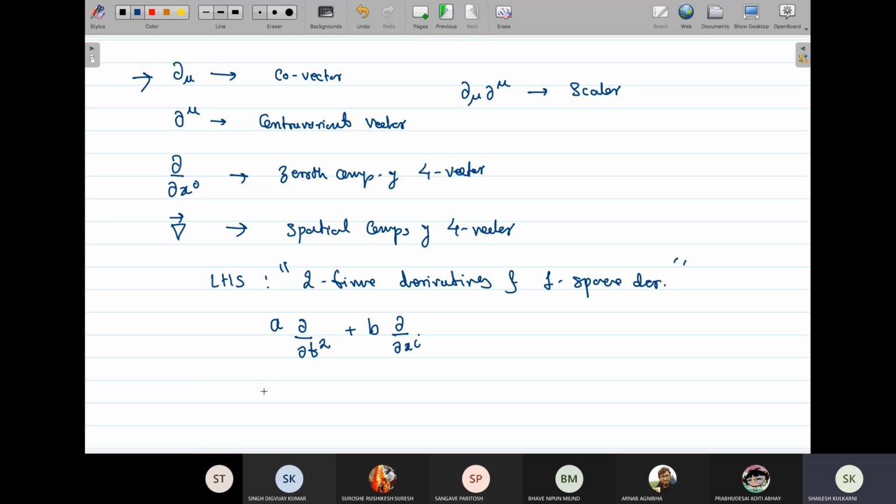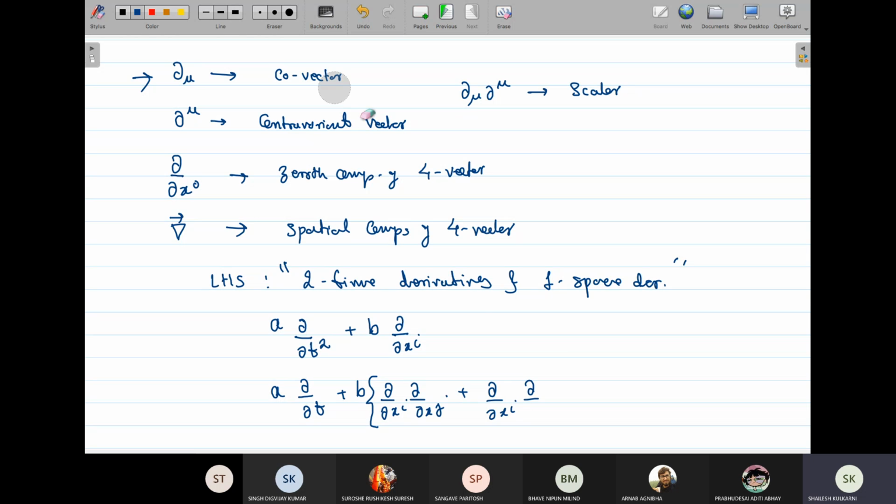Similarly, suppose I have a term which contains one time derivative and two space derivatives. Two space derivatives, I will write as del xi del xj. Then I may have del xi and del.